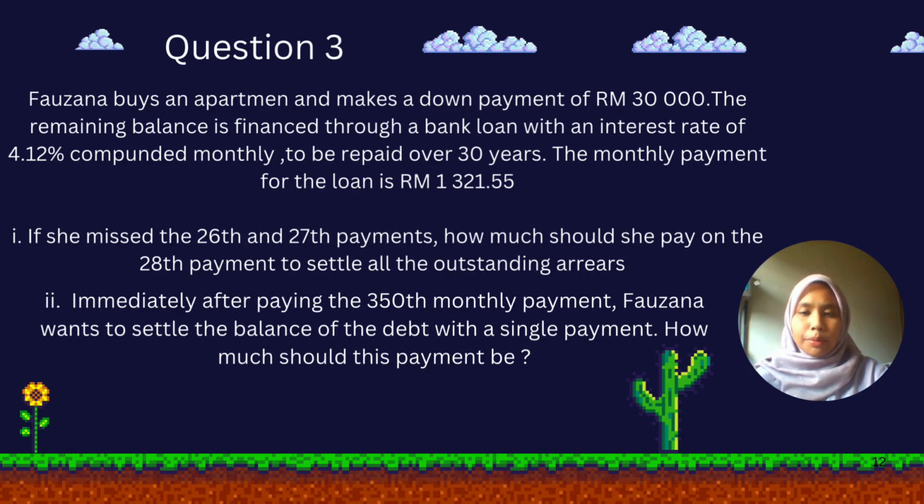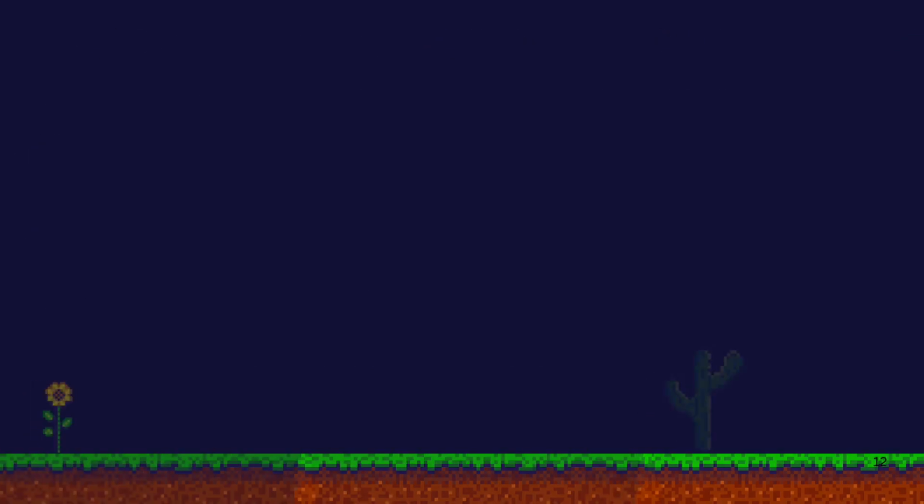Question (i): if she missed the 26th and 27th payments, how much should she pay on the 28th payment to settle all the outstanding arrears? Question (ii): immediately after paying the 350th monthly payment, Fauzana wants to settle the balance of the debt with a single payment. How much should this payment be?